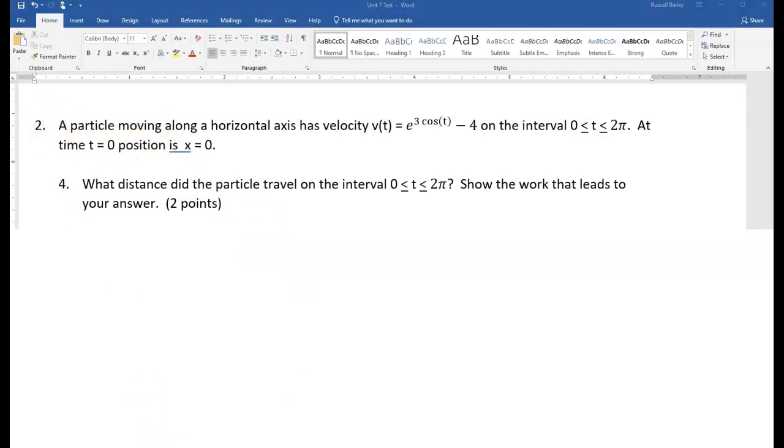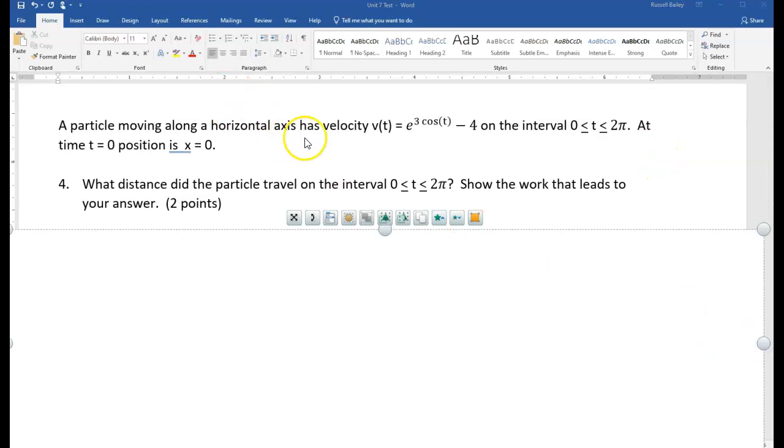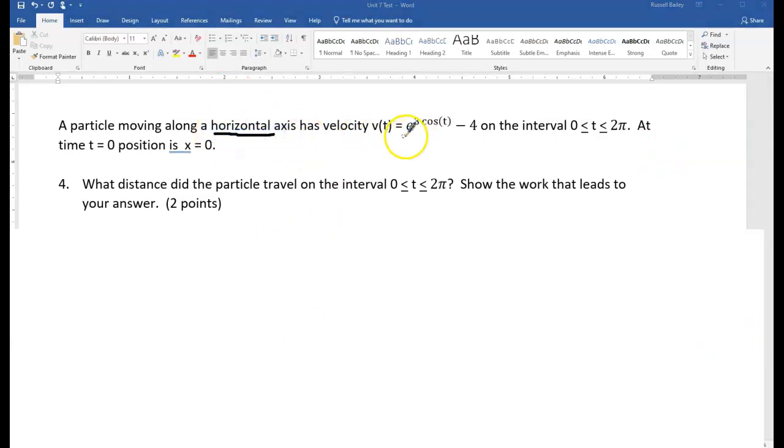So the second FRQ here says a particle is moving along a horizontal axis. Okay, you got to pay attention to that. Is it horizontal or vertical? It has a velocity, so I've given you a velocity, and here's my time interval, and then here's my initial condition. At time 0, the position is 0. All right, what distance did the particle travel on this interval here? Show the work that leads to your answer.